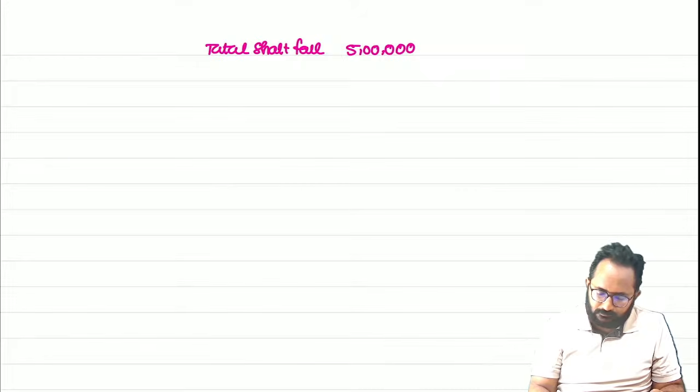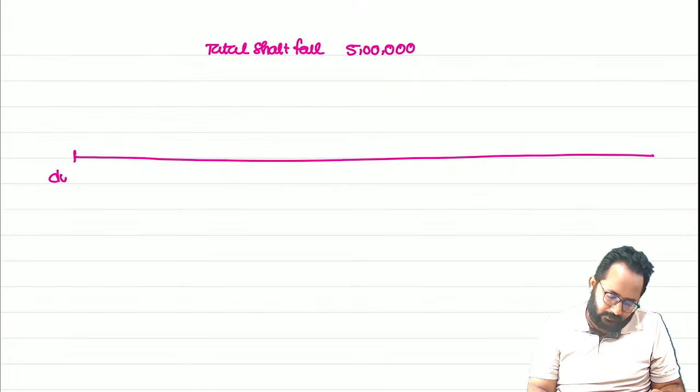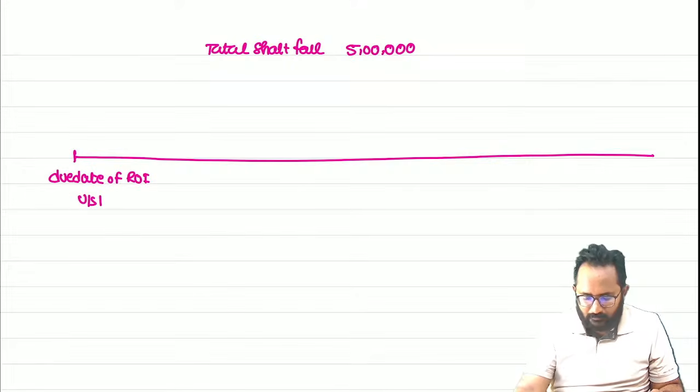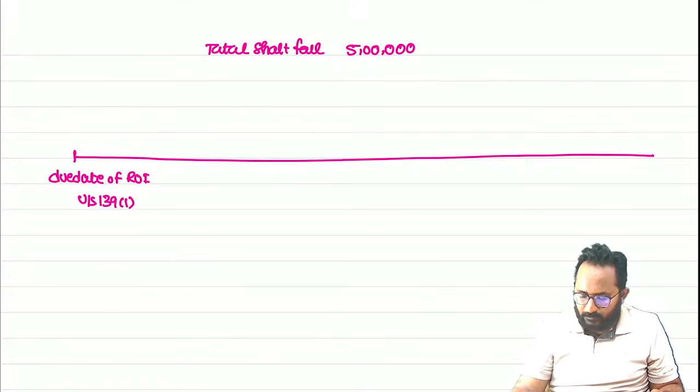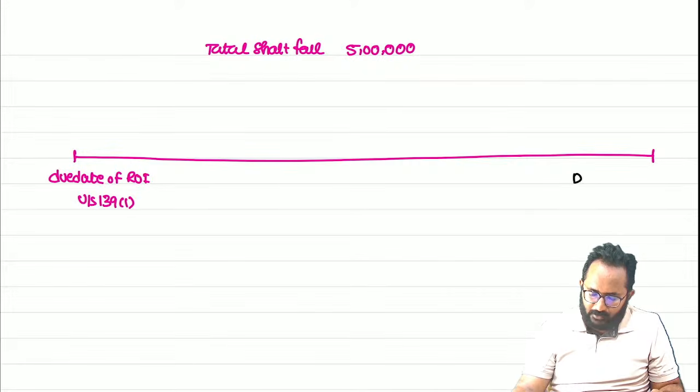Now, he will verify everything. This is the due date of return of income under section 139 subsection 1. He has not filed the return at all. Interest will start from this period and end with what period? If it is late filing, up to the date of filing of return.